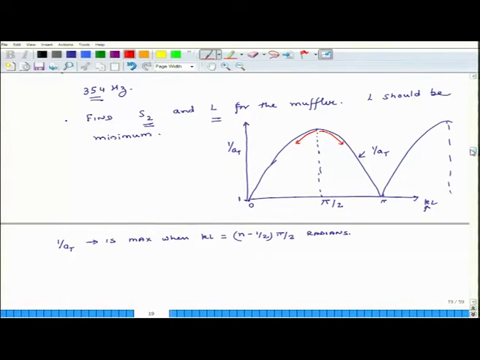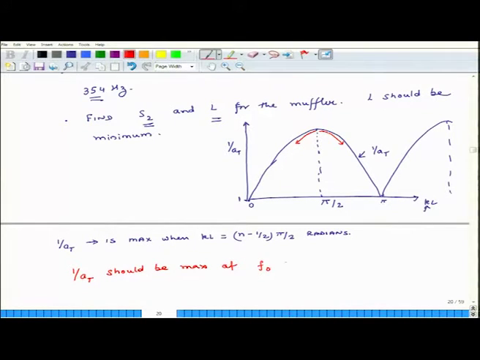So, I can interpret this data in a way that my parameter 1 over AT should be maximum at the middle of this operating band.